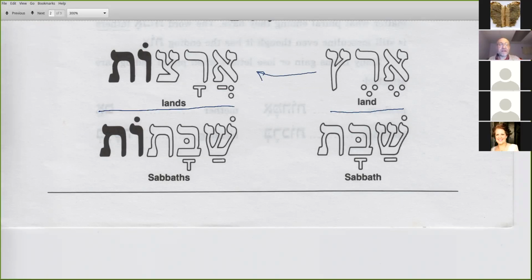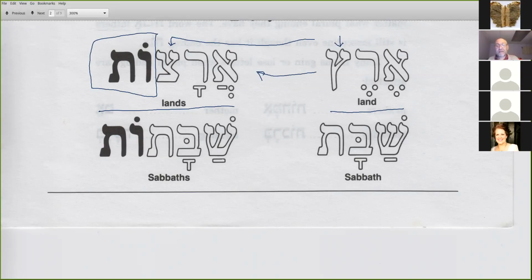Aratzot. And notice the suffix. And like the previous one I pointed out, in this case we have the Zadik Sofit. Well, it reverts back to regular Zadik because it no longer becomes the last letter in the word. Instead, Tav is the last letter when we add the suffix on.